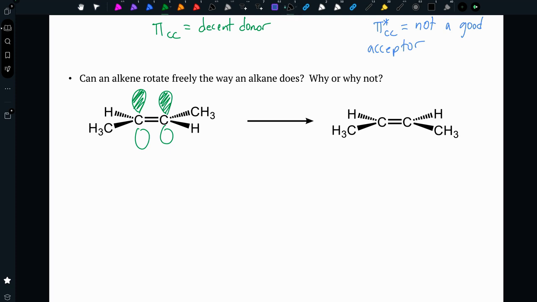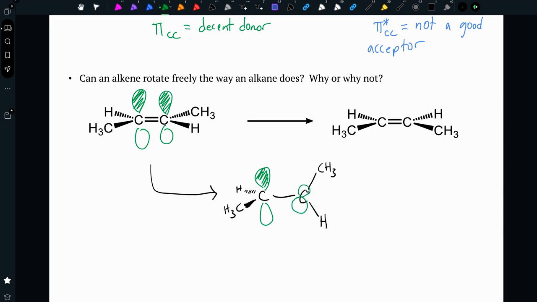If we tried to rotate around the bond, then we would have to go through, let's say I'm rotating that carbon on the right, so now the carbon on the right is planar and those substituents are in the plane of the page. Now I would have a situation where I have one p orbital on the left that's in the plane of the page, and the other p orbital would be coming into and out of the page.